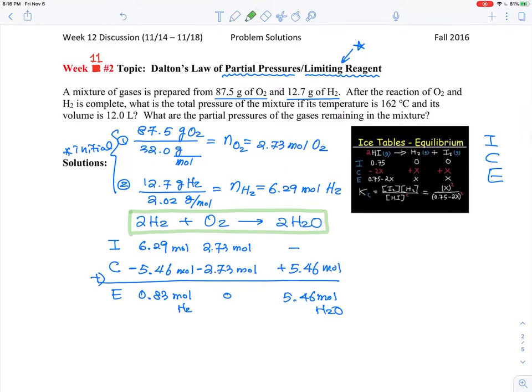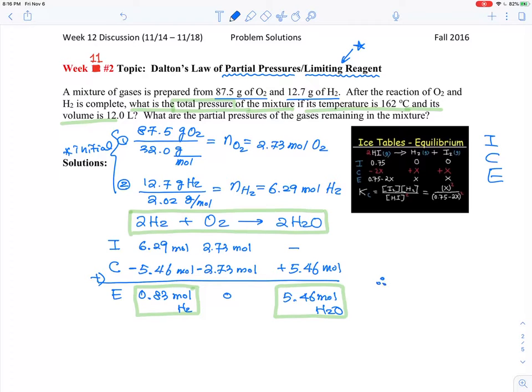So we figured this one out, and then what is the total pressure of the mixture? The temperature is given, and the volume is given. They want to know the pressure of the gas. In the reaction mixture, in the beginning, you have those numbers of moles, but at the end, when the reaction is complete, this is what is left in the reactor.